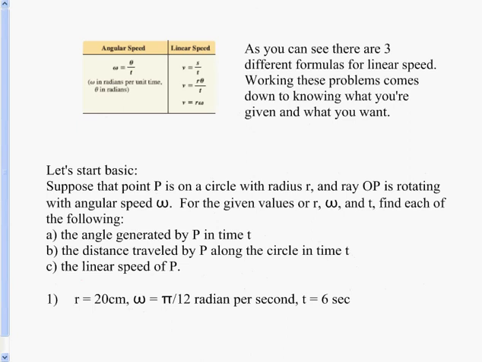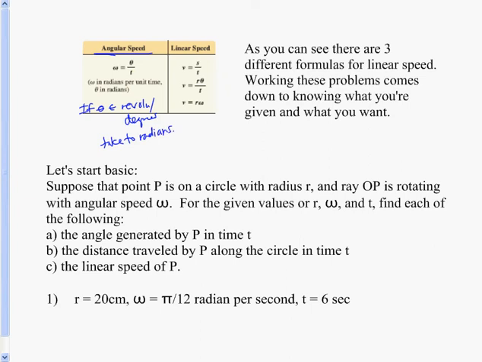Angular speed is theta over time, where theta is in radians. But remember, sometimes it won't be given in radians and you'll have to convert it. If theta is in revolutions or degrees, you'll need to take it to radians.